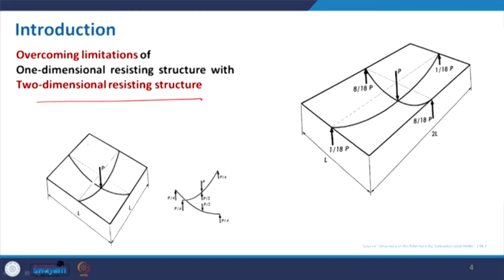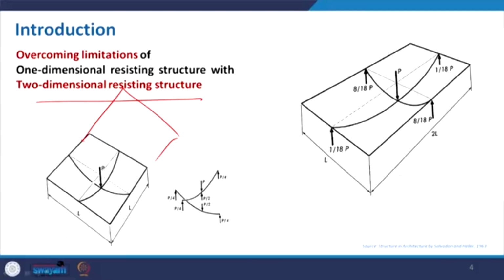Here it is a square form and the grid is placed, where L by 2 into L by 2 is one particular grid, and because the lengths are the same, it is making 4 squares out of a big square having side L. So, the distribution of load in all the cases is equal, P by 4, but the moment we make it rectangular, depending on the shorter side and the farther side, the load will be distributed in a different manner.